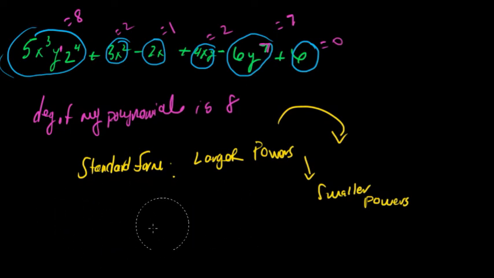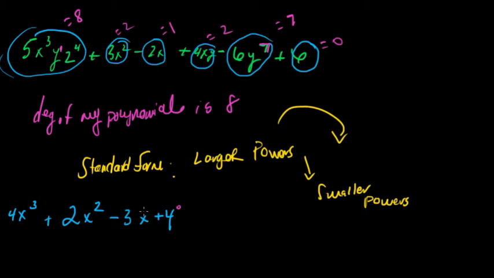Let me give you another example here. If I said we have 4x cubed plus 2x squared minus 3x plus 4. Is this in standard form? Well, yes it is, because we go from 3 to 2 to 1 to 0.